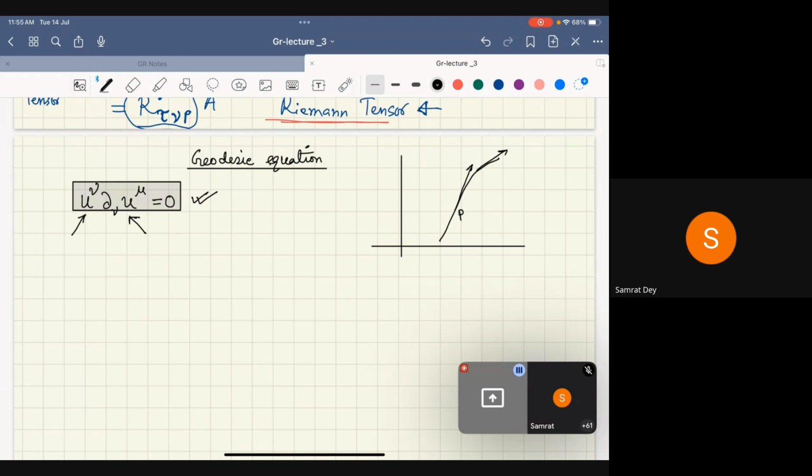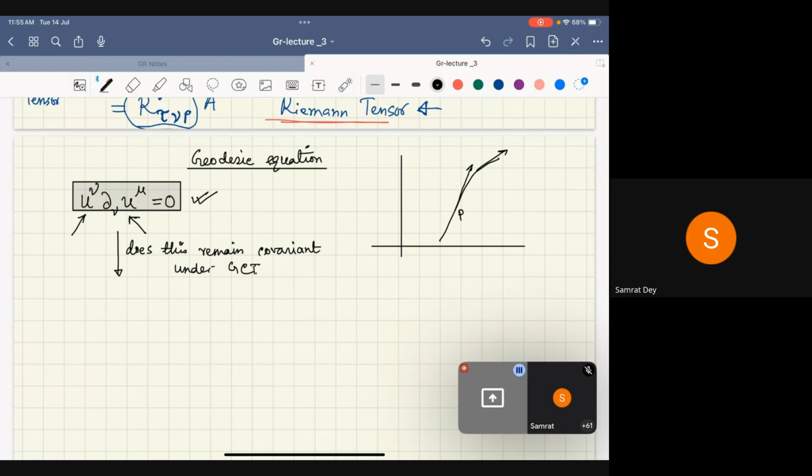Or in other words, does this equation remain covariant under a general coordinate transformation?